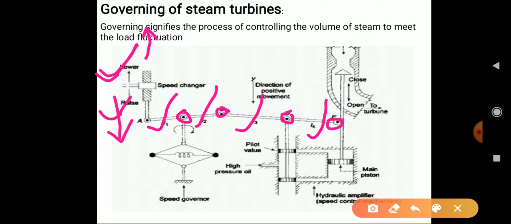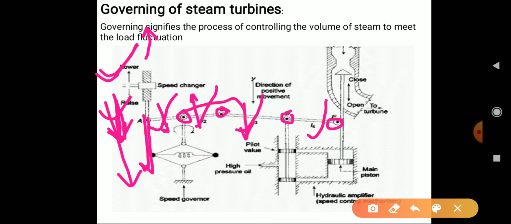Now let us see what is happening if the raise level is down. If it is down, this point will come downward, or it will push the other upward. If it is going upward, the other will come downward. It is interconnected.